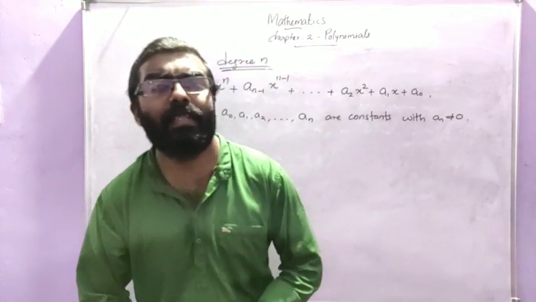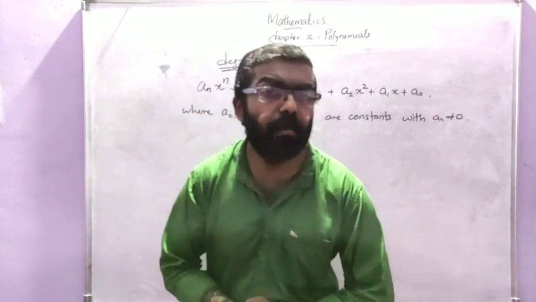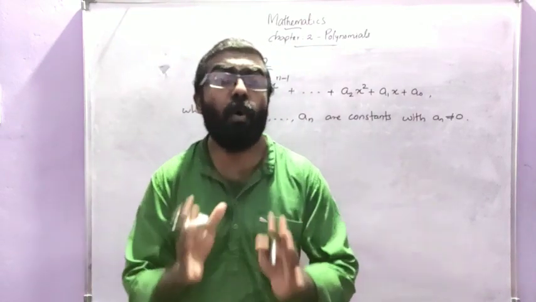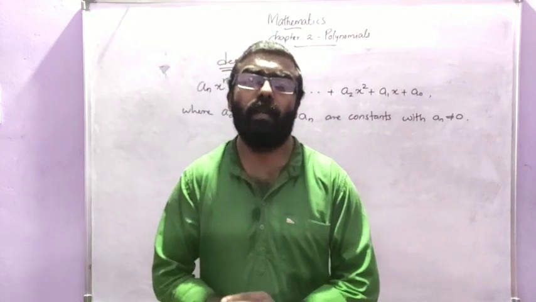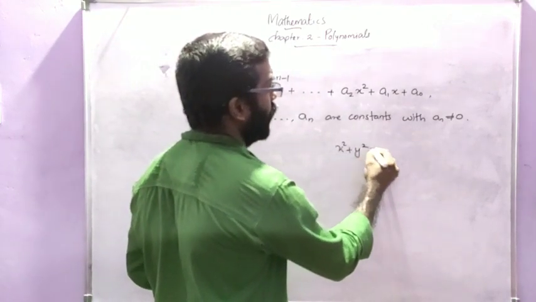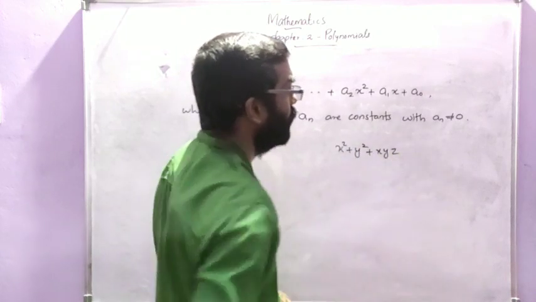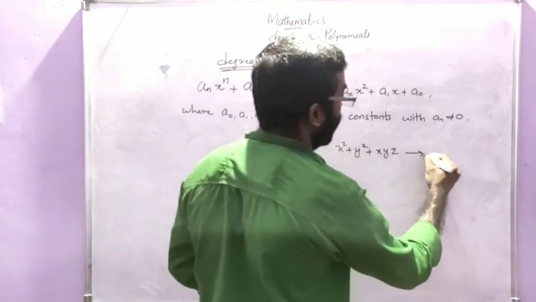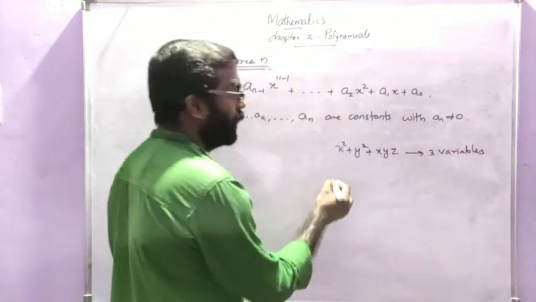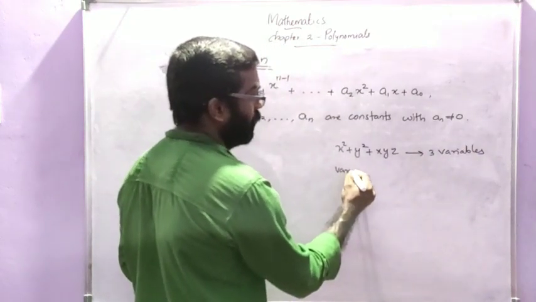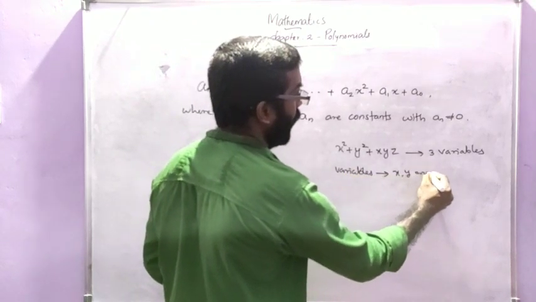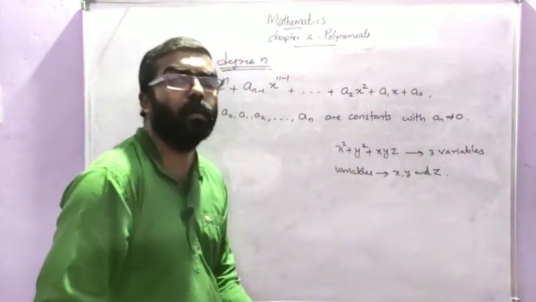Understood? So far we have dealt with polynomials in one variable only. We can also have polynomials in more than one variable. For example, x square plus y square plus xyz is a polynomial in 3 variables. Okay, here the variables are x, y and z.